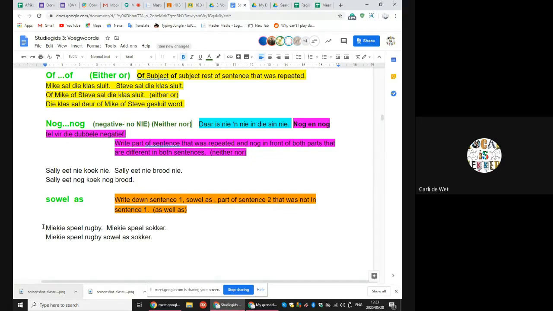It doesn't matter which one is the same, you're going to do it exactly as in English. So if I say, Mickey plays rugby, Mickey plays soccer, and I want you to join it with as well as, then it's Mickey plays rugby as well as soccer. In Afrikaans, Mickey speel rugby sowel as soccer.